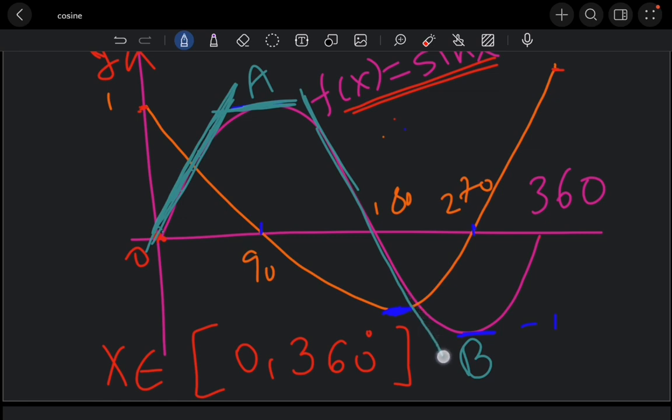It's negative from A, not exactly at B, because at B it's 0. So from A to almost B, it's negative.